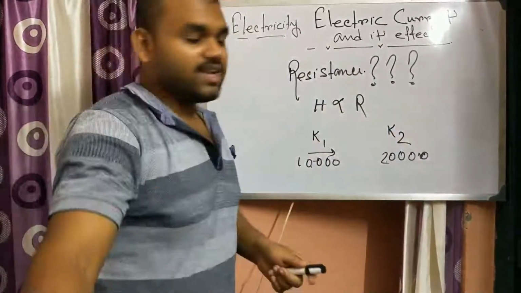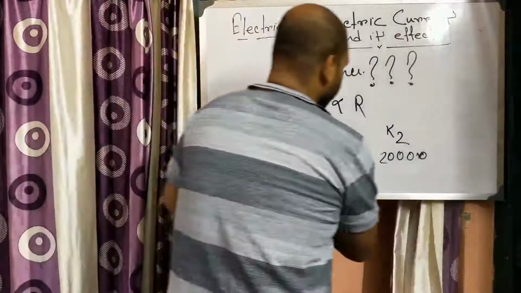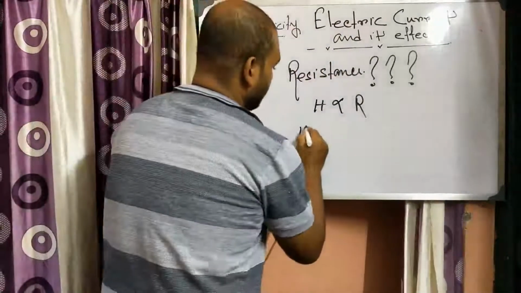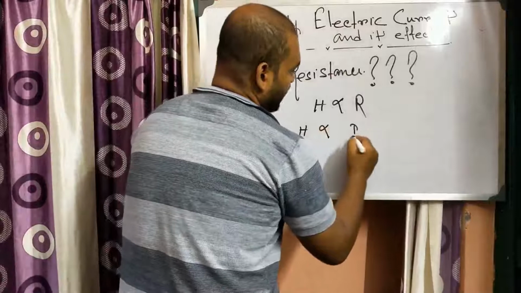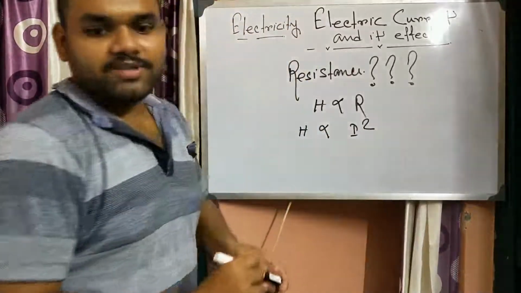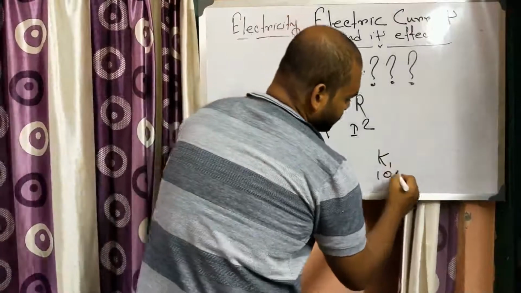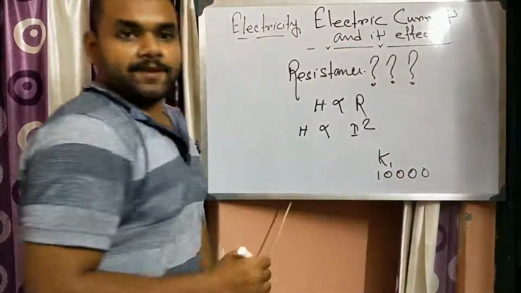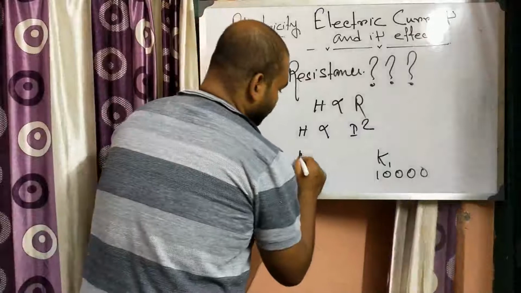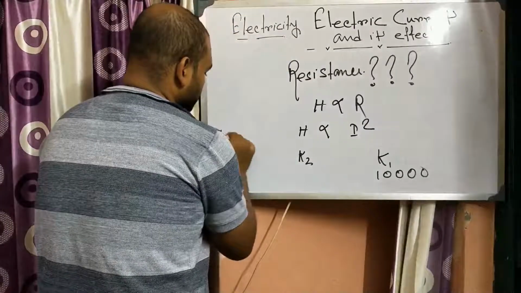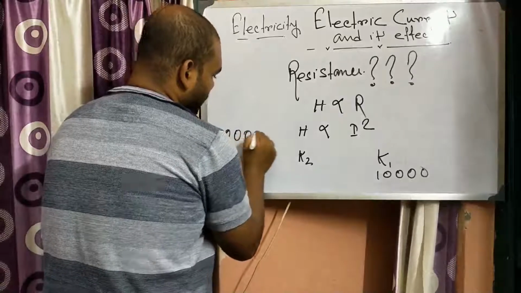Next, heat is also proportional to I square, that is, the square of the current. Suppose king 1 has an army of 10,000 men and king 2 has an army of, suppose, 1 lakh men.